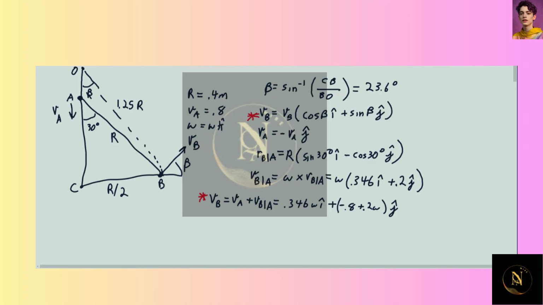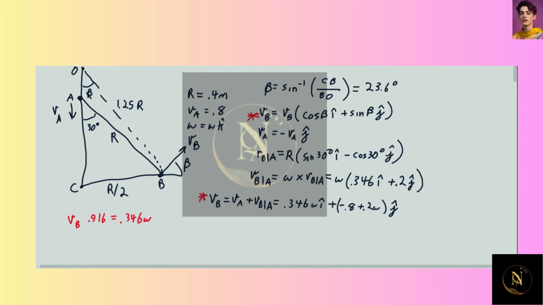So first the i hat portions, we have VB times the cosine of beta, and that cosine gave us 0.916, and this equals just the i hat portions in the omega formula, so that's the 0.346 omega.